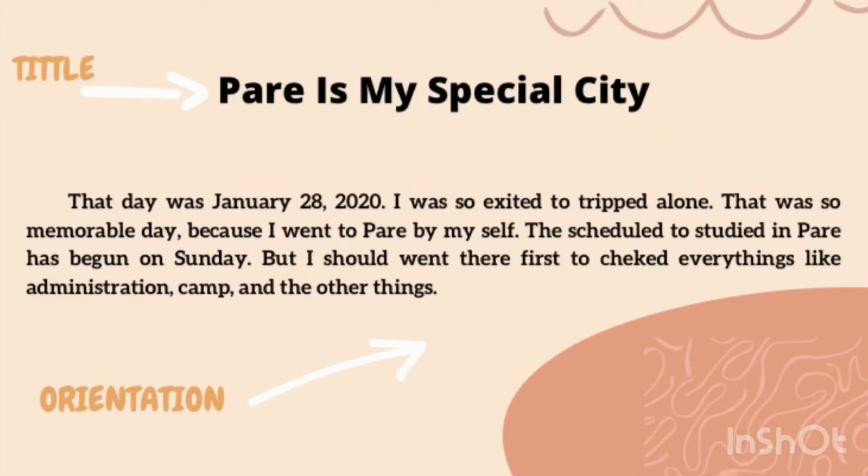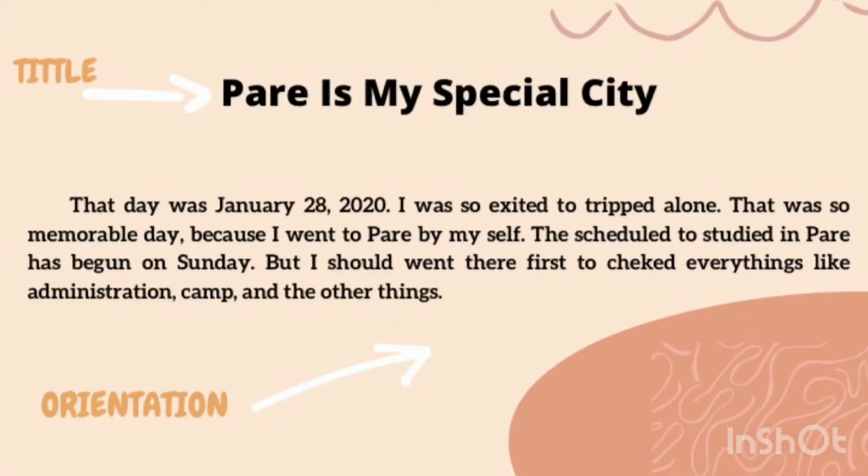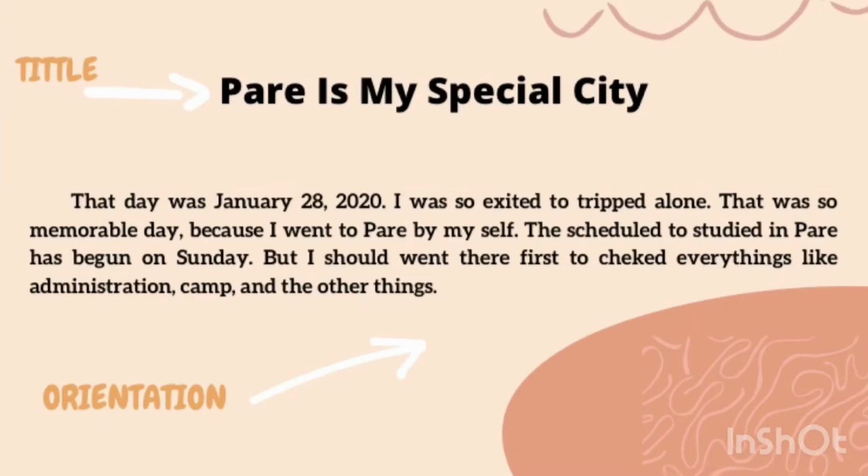After that, we can find the simple past tense, like I was so excited to trip alone. And then I'm using a temporal sequence, that is on Sunday: the schedule to study in Pare has begun on Sunday. After that, I focus on a specific participant. Of course, that is I, because this is my experience.